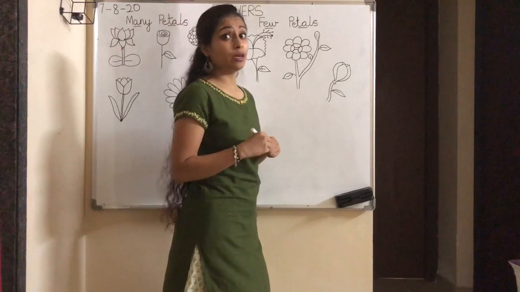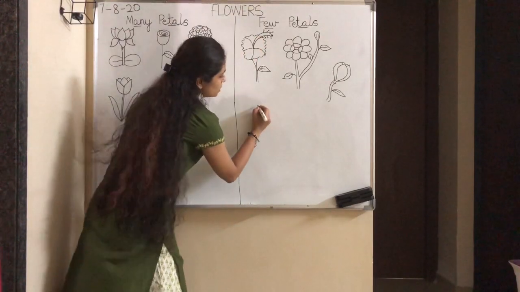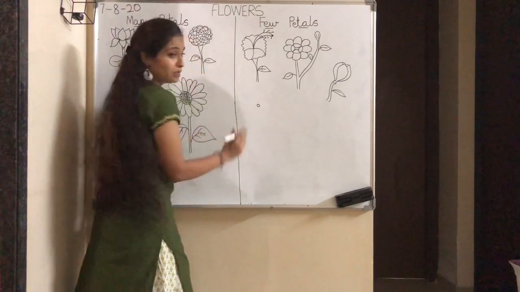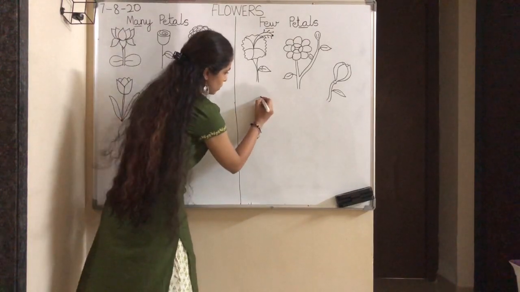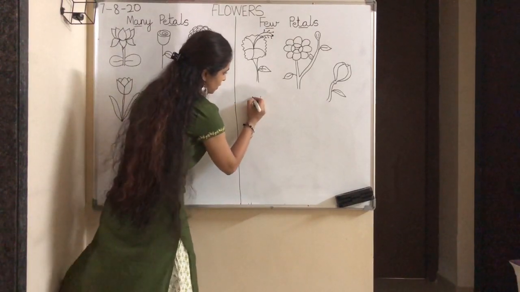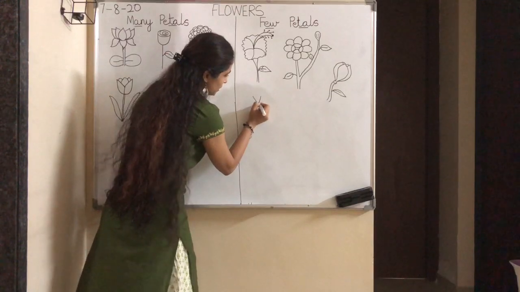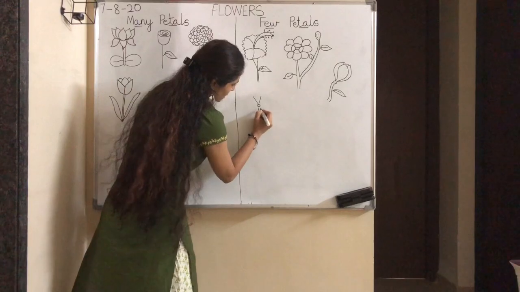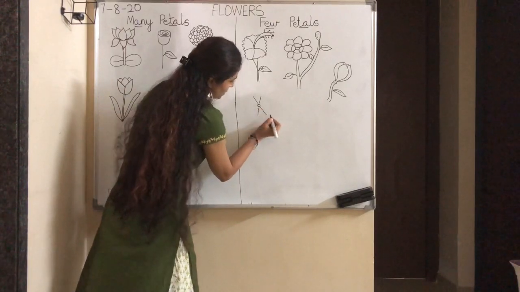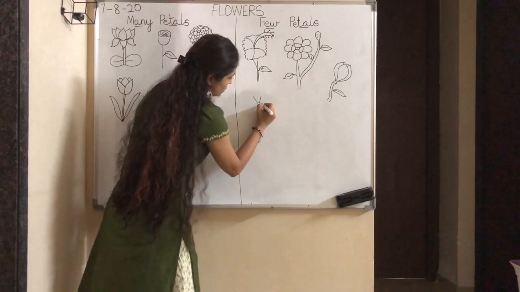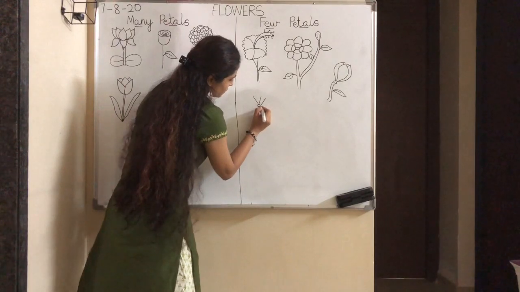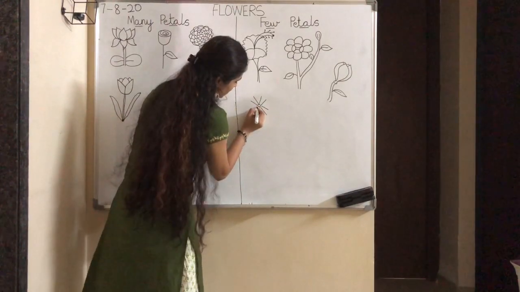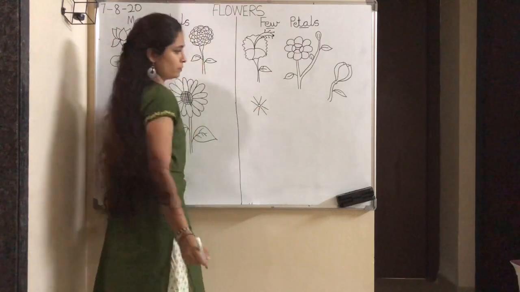Now we will draw the periwinkle. You draw a small circle like this in the middle, and then you draw one slanting line here and one slanting line here, like this. Then you draw one slanting line down, one slanting line again. Over here draw slanting line and one slanting line here and one slanting line here and one slanting line here.